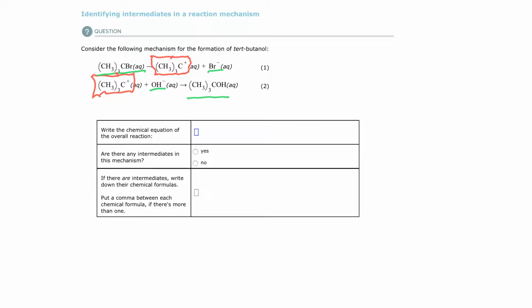All right, so write the overall mechanism. Well, cancel the intermediate, put everything that's on the left, and put everything that's on the right. So what's that going to look like?